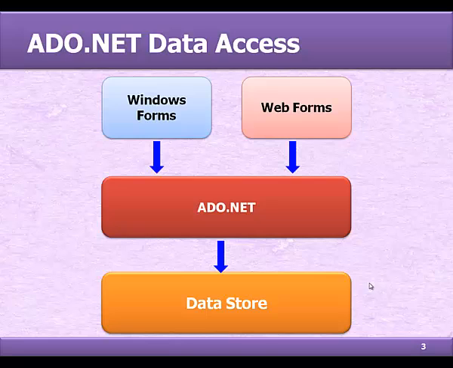You can have the same database connected to the Windows application as well as the web application. Your application can be executed standalone on Windows, as well as a web application can be available on the web. You need not have different databases for the Windows application and the web application. ADO.NET is capable of linking the database, that is the data store, to both the applications.